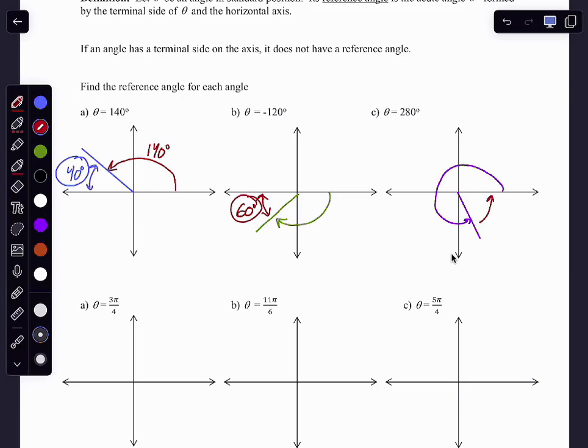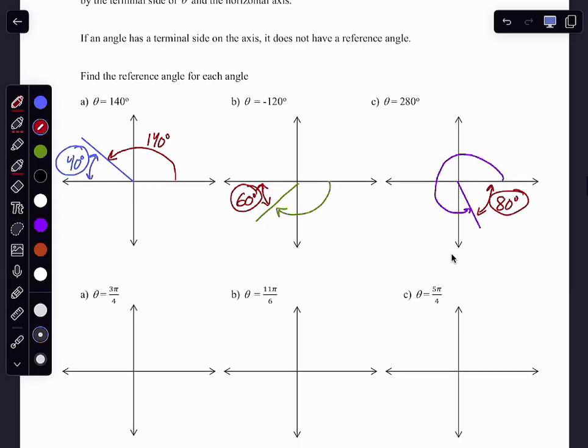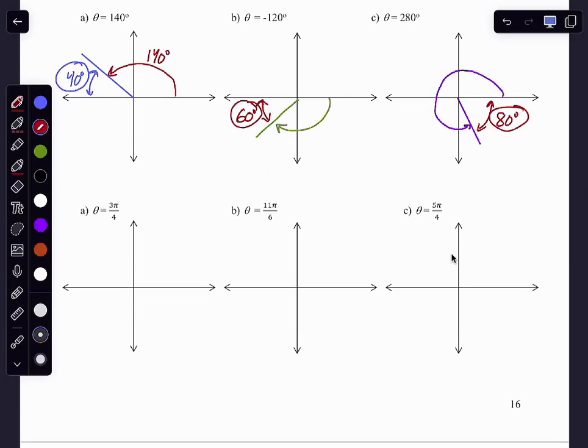You want the shortest turn to the x-axis. Oh, I wrote 10 degrees. It's not 10 degrees. What is the answer? 80 degrees. It's 80 degrees more to get to 360. Sometimes you're backtracking. Sometimes you're not, but it's the shortest path to the x-axis. Okay.